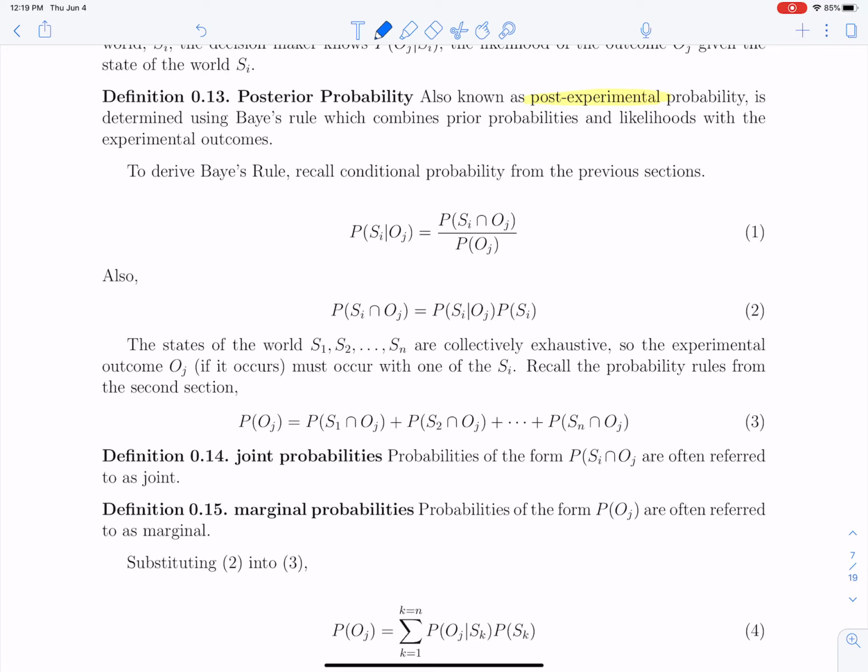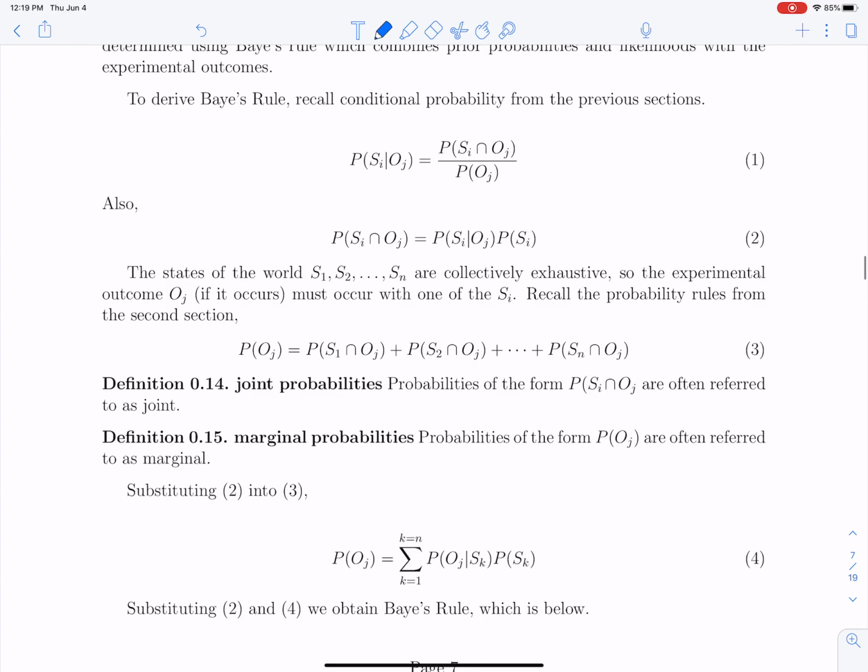If you look below, in order to have Bayes' rule, we need our two conditional probability statements from above. And since the states of the world are collectively exhaustive, one of our experimental outcomes, O sub j, will need to occur with one of the states of the world. So that's basically the condition with Bayes' rule. We have to have one of the outcomes occur within one of the states of the world.